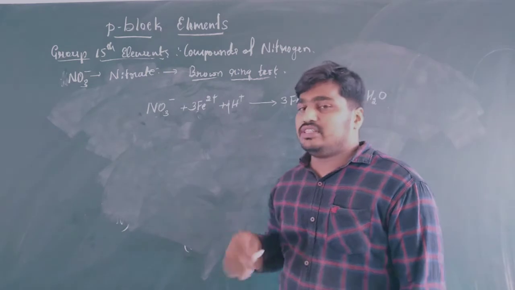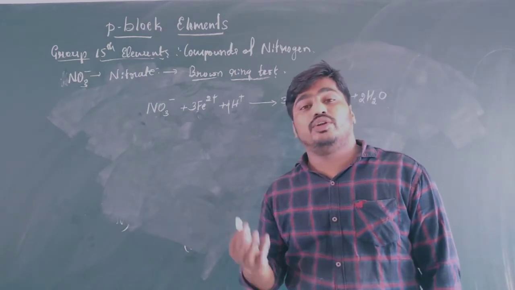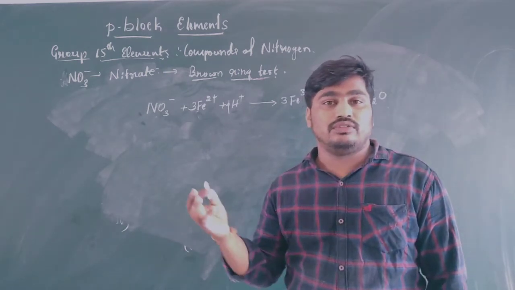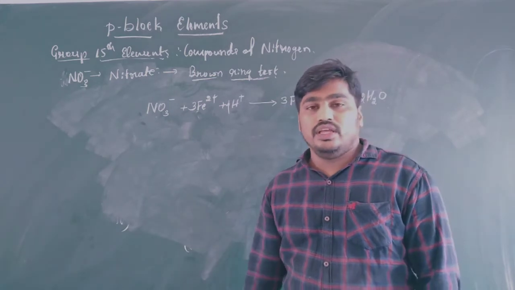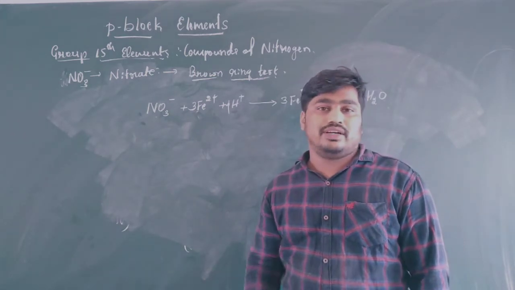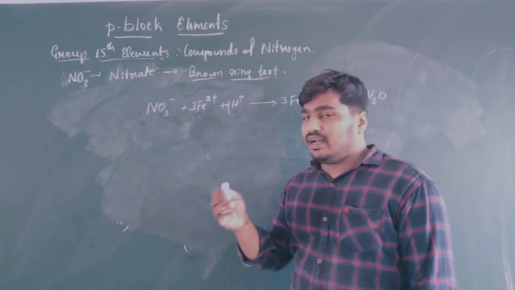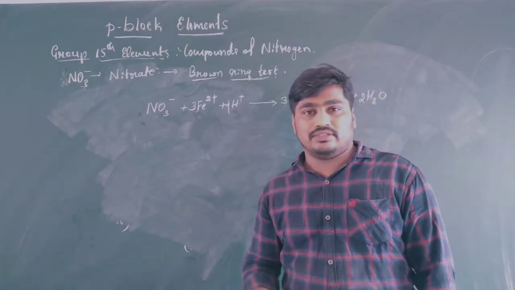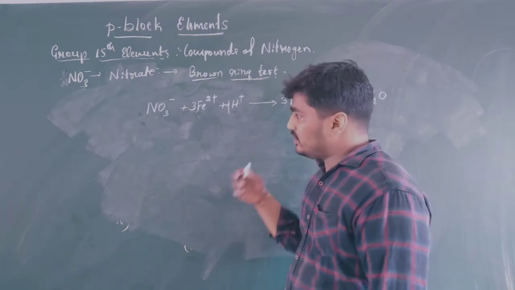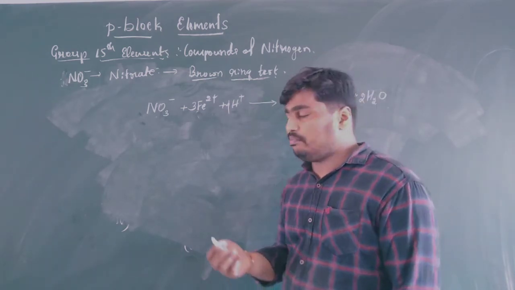First, the nitrate salt is converted into a solution, that is called salt solution. In the salt solution, a small quantity of water is there. Because of that, there is a possibility of formation of another complex.